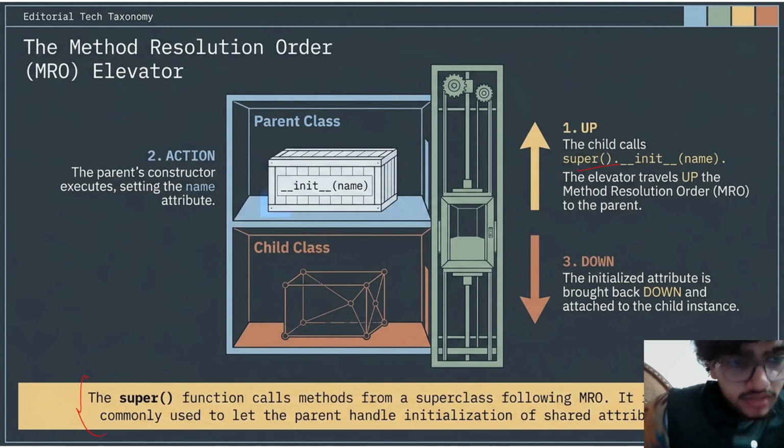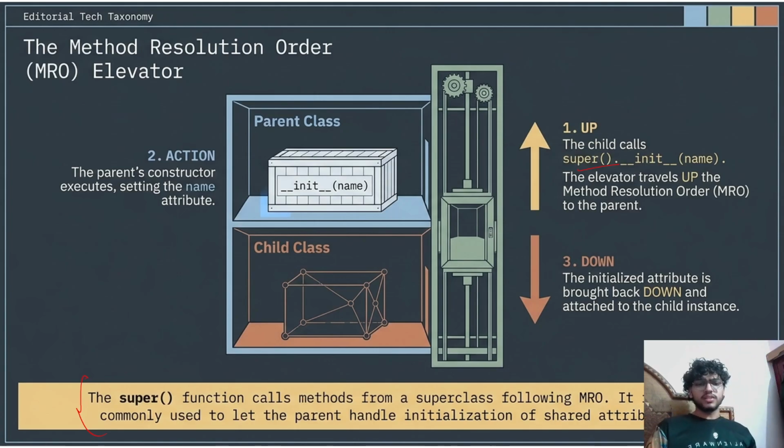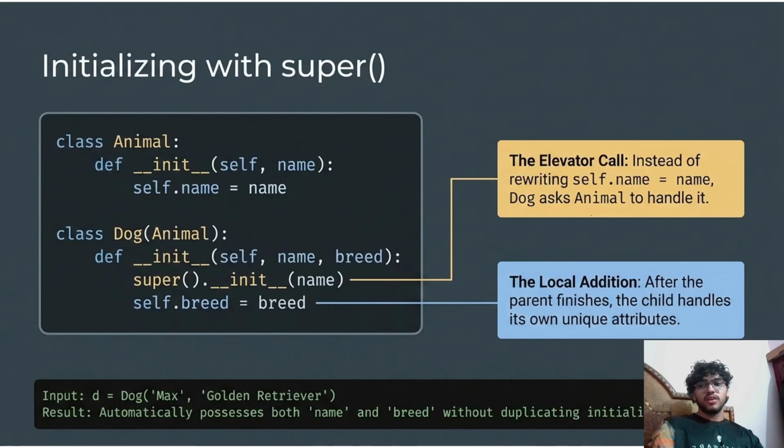So the super function calls the method from a superclass, or the parent class, and it uses the MRO ladder. First it goes to the parent, and the constructor executes, setting the name attribute. Then the initialized attribute is brought back down and attached to the child instance. For example, here you have an animal class that initializes a name, then you have a dog class that inherits from animal.